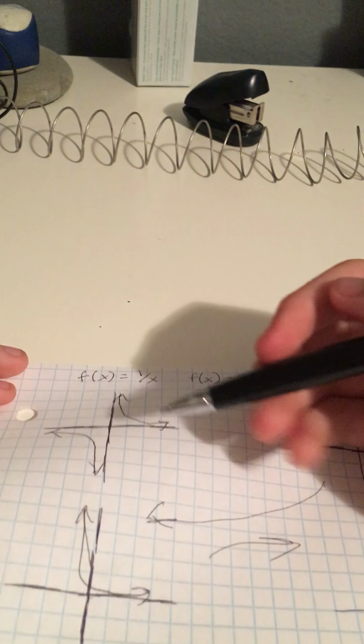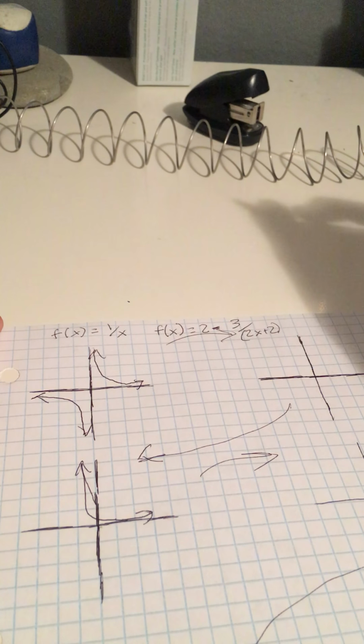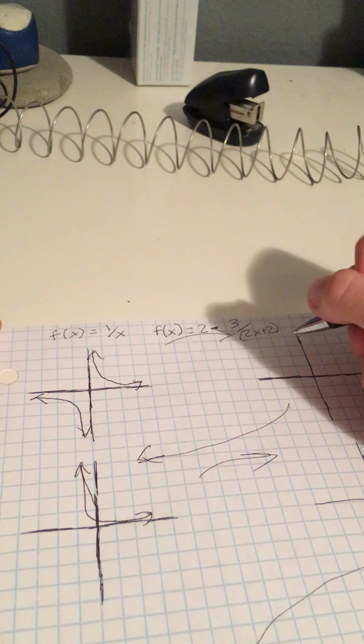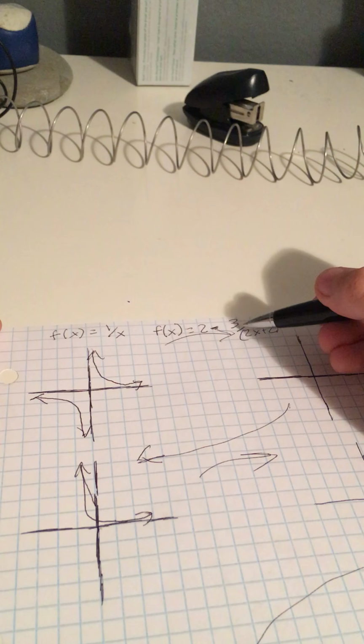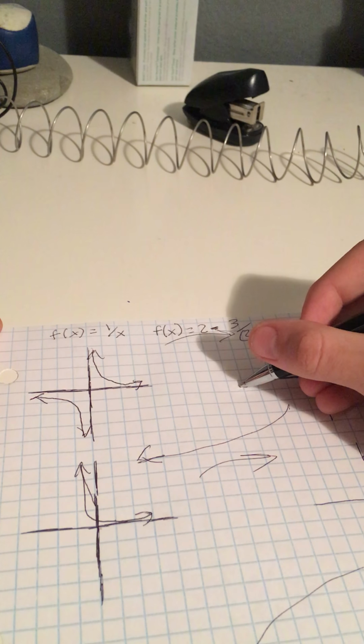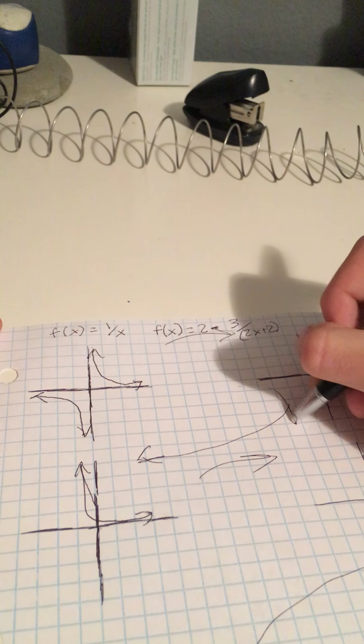Like that, alright? So basically this graph is transformed a lot, and the first transformation, if you work from the inside out, would be this plus 2 term, which would make it appear like this now.